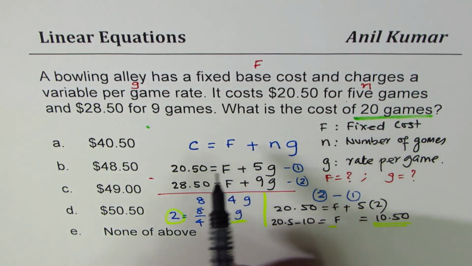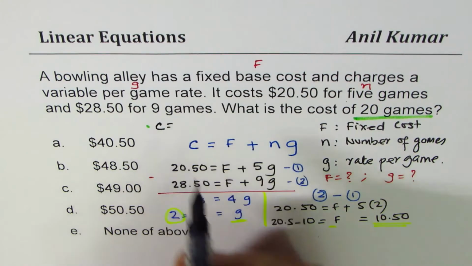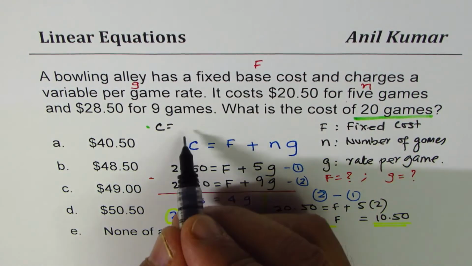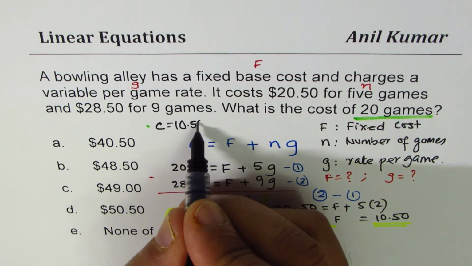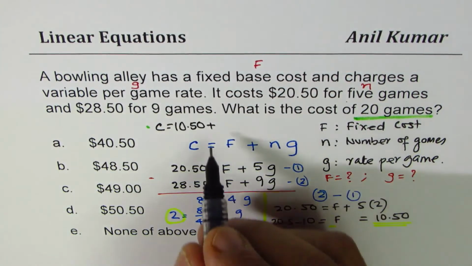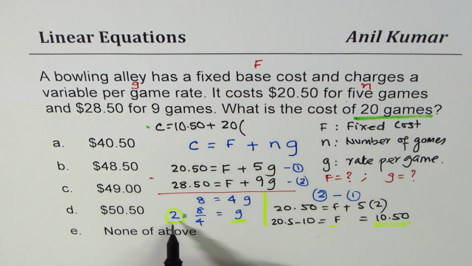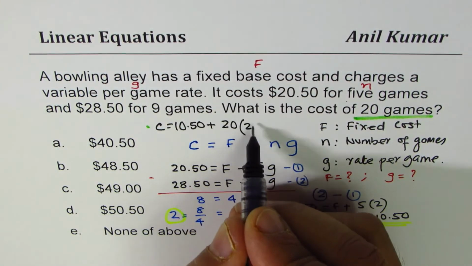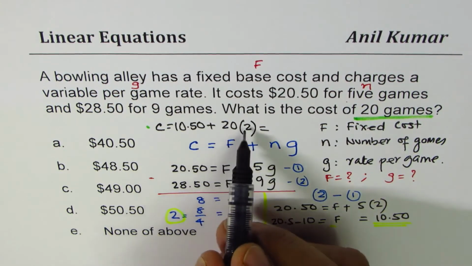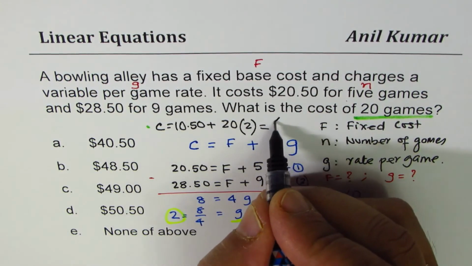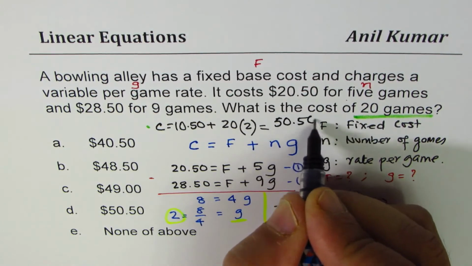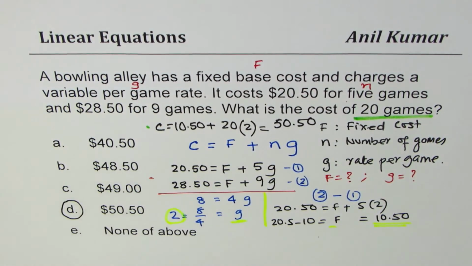Substitute 20, so this is C, equals f which is 10.50 plus 20 games, and the cost for each game is 2. That gives us 40 plus 10.50, which is 50.50. So D is the right option. Does it make sense to you? That is how we can find the solution using our equations.